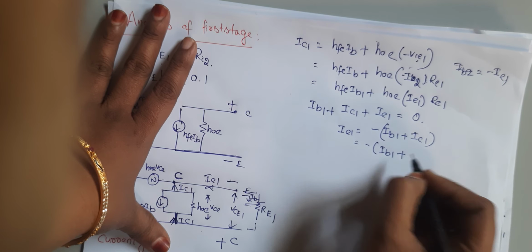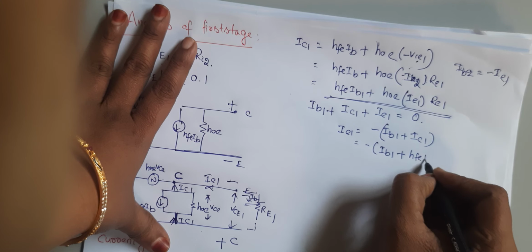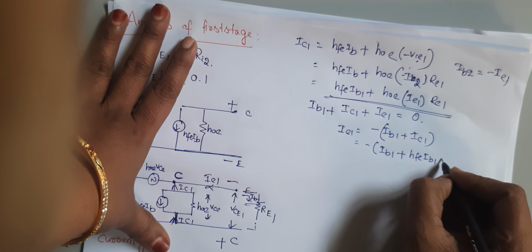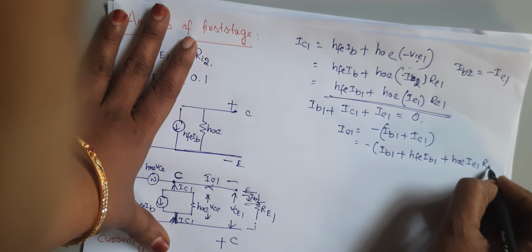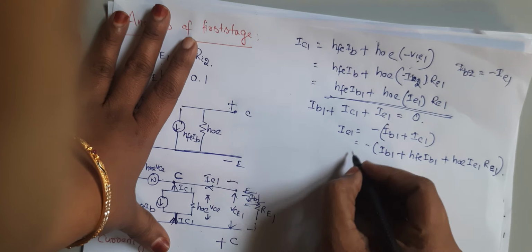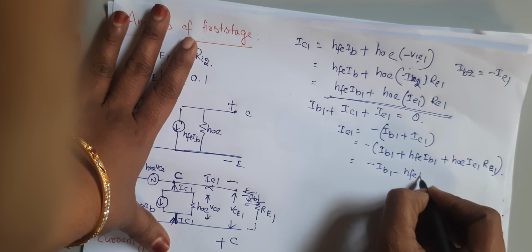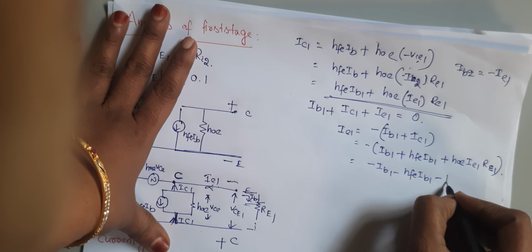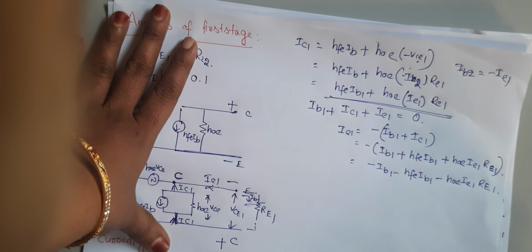IB1 plus, what is IC1? This is IC1: HFE IB1 plus HOE, emitter voltage IE1 into RE1. So that equals minus IB1 minus HFE IB1 minus HOE IE1 into RE1.